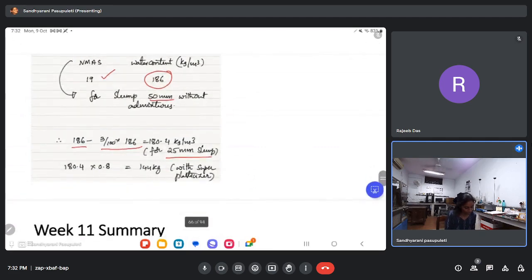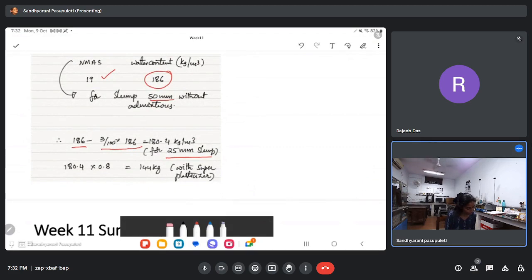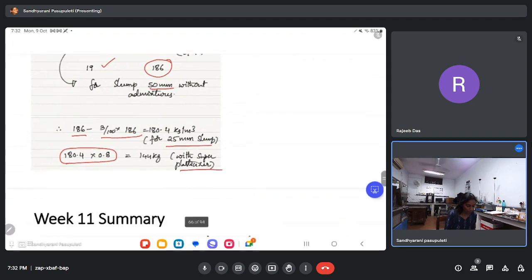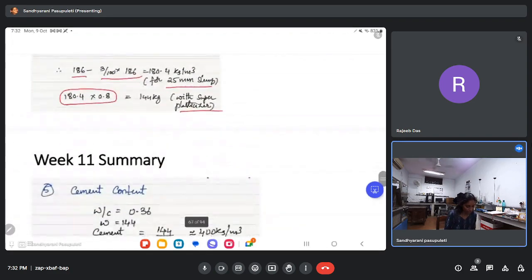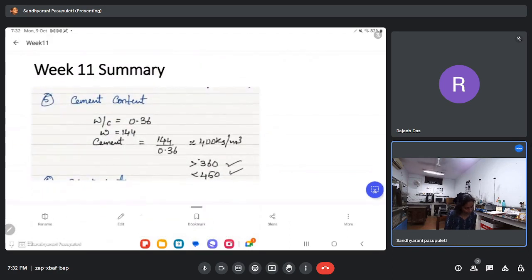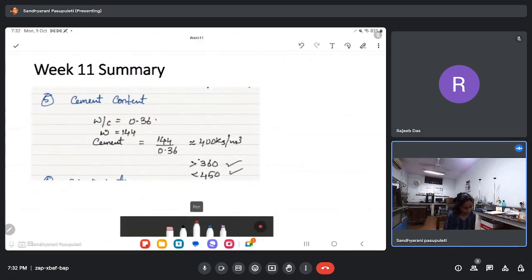Out of that 180.4, now we have to take only 80%, that means 0.8, because 20% we have to reduce since we are going to add superplasticizers. Thereby, our total water content is 144 kg. If we know the water to cement ratio and water content, we can calculate the cement, which is 400, and again it satisfies the minimum of 360 and maximum of 450.